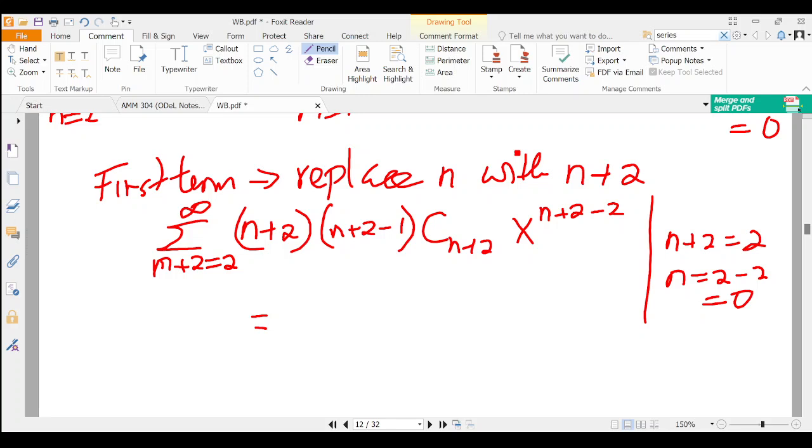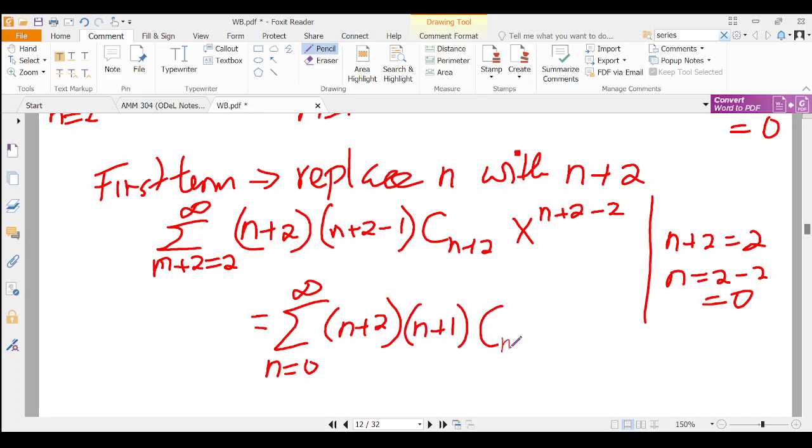So this becomes the sum from n equals 0 to infinity. Then we have n plus 2. N plus 2 minus 1 becomes n plus 1. Then we have c n plus 2, x raised to power n. So this is what we get as the first term.